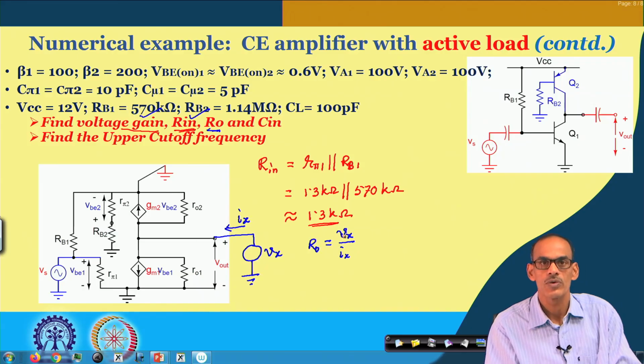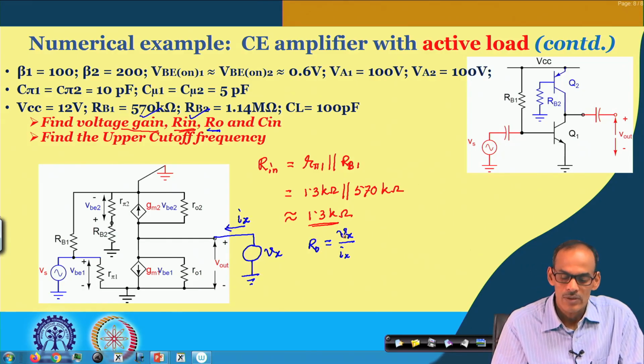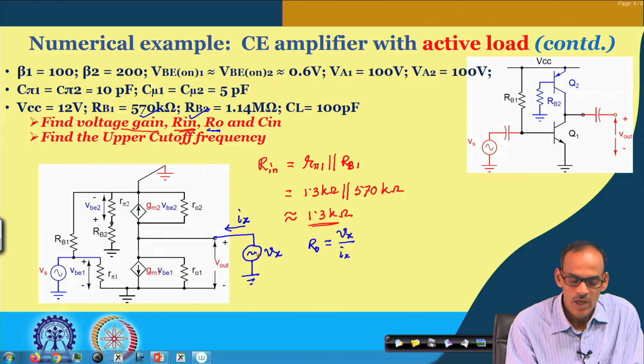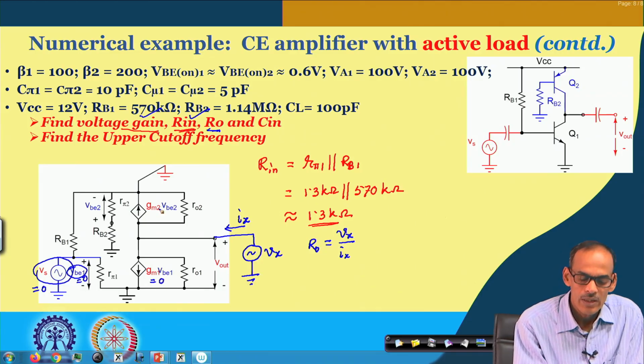That is the methodology we follow to find the port resistance, and while doing this exercise, we have to consider the other signal sources as 0. So, that makes Vb also equal to 0, and that makes this also equal to 0.